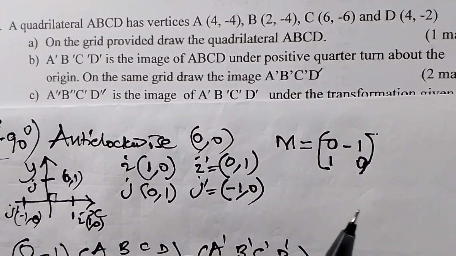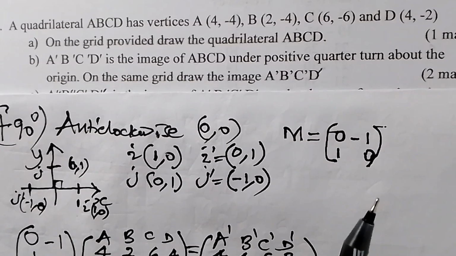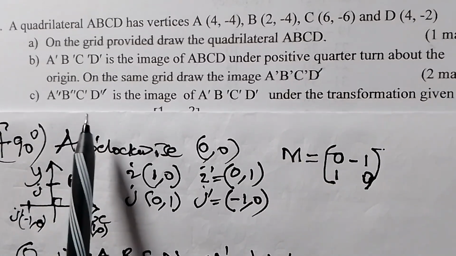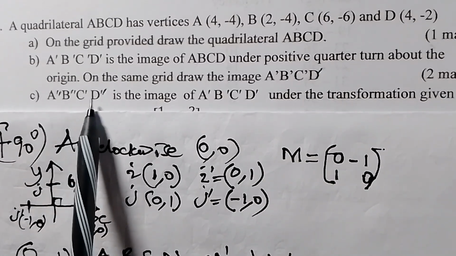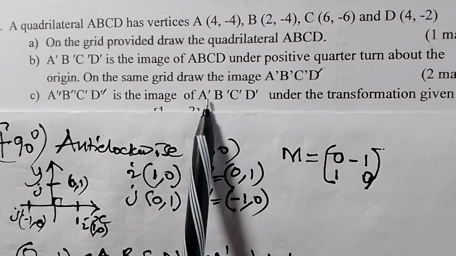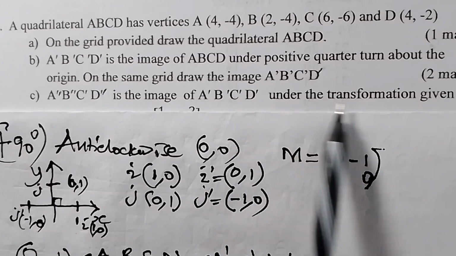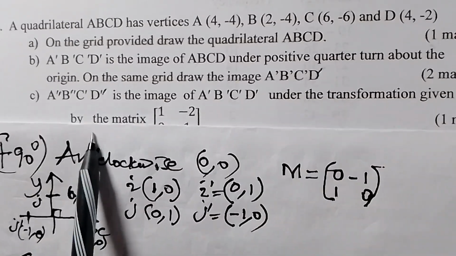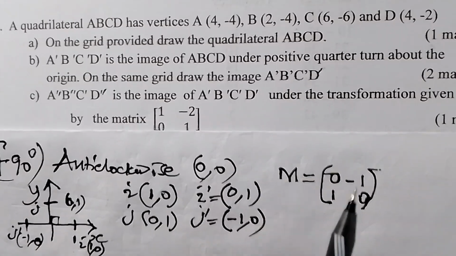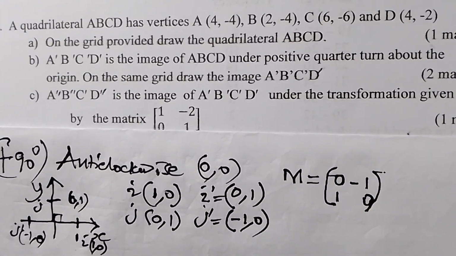In the next question, we are told that A2, B2, C2, D2 is the image of A1, B1, C1, D1 under transformation given by the matrix 1, 0, negative 2, 1.